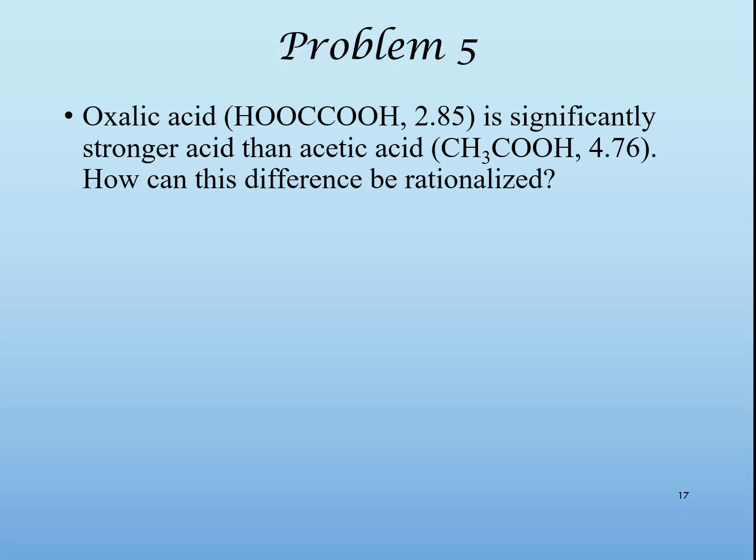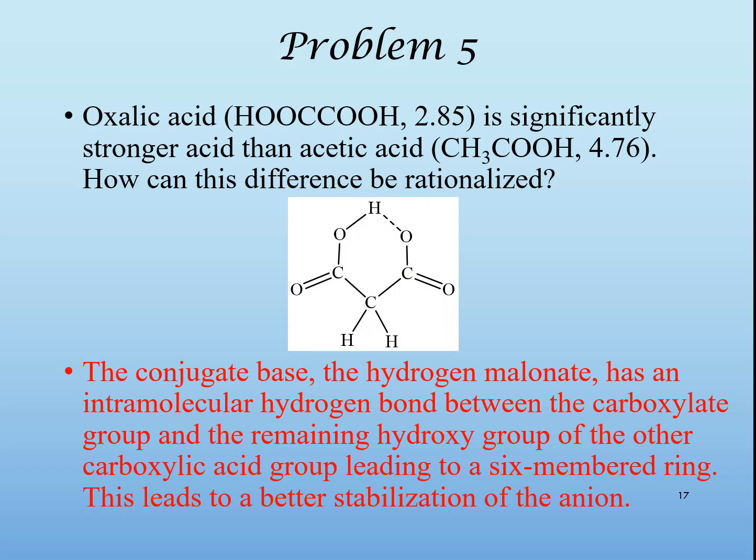The last problem looks at the increased acidity of oxalic acid as compared to acetic acid. How can we explain the difference? In both cases we have carboxylic acid groups present. The main difference is that in the case of oxalic acid we form an intramolecular hydrogen bond after the first deprotonation step.